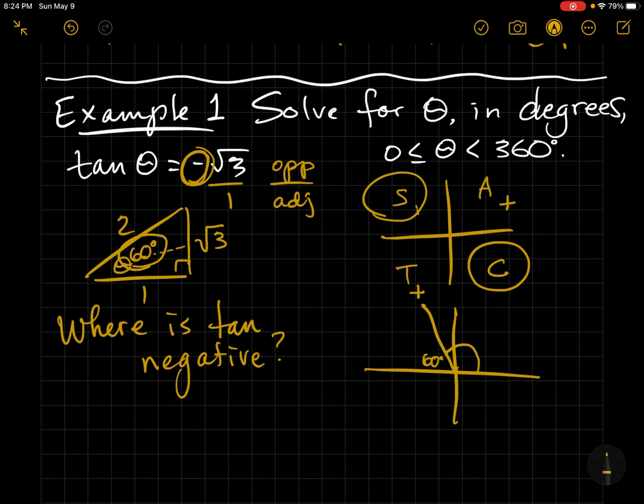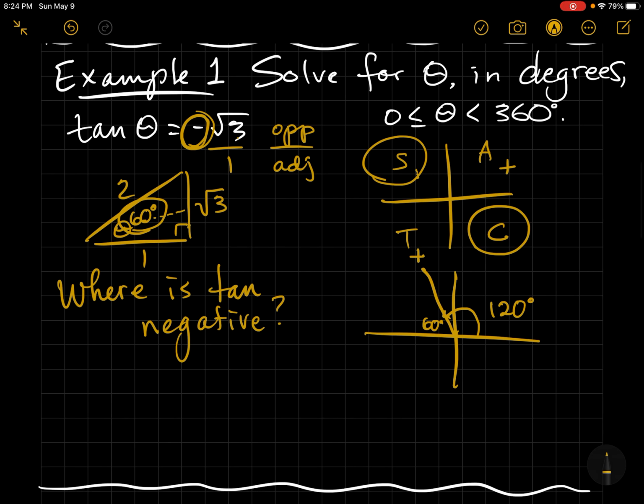And I'm going to see what that angle is in standard position. That's 120 degrees. So that is one of my answers. Also, the fourth quadrant, I'm going to put a 60-degree reference. And remember, the reference is always connected to the x-axis, never the y.